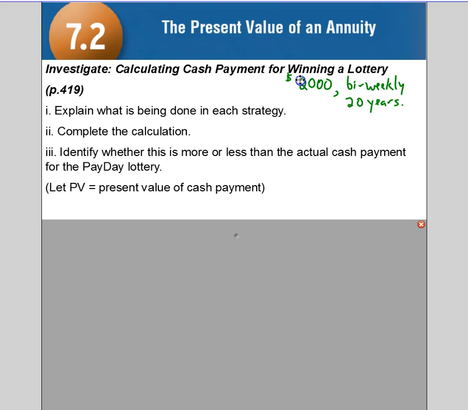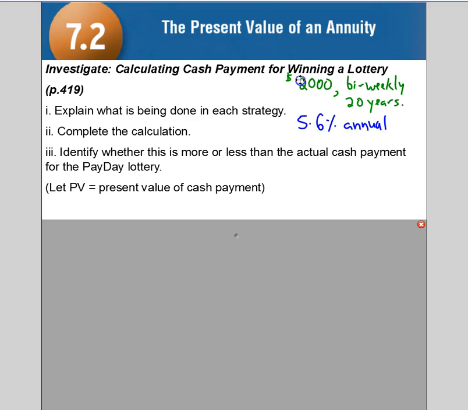So how much would you have to have right now in your pocket in order to invest at, in this case, a 5.6% annual interest rate where compounding was biweekly.